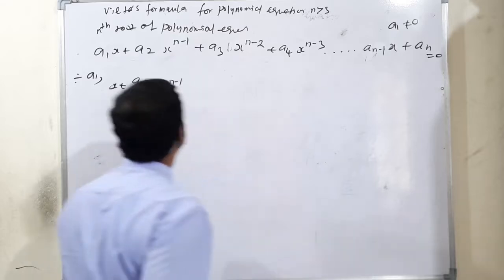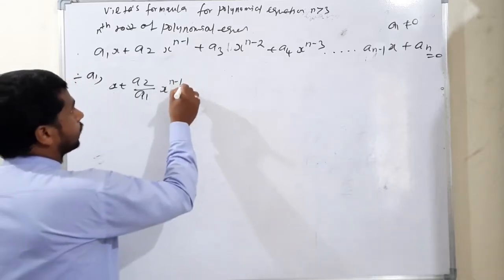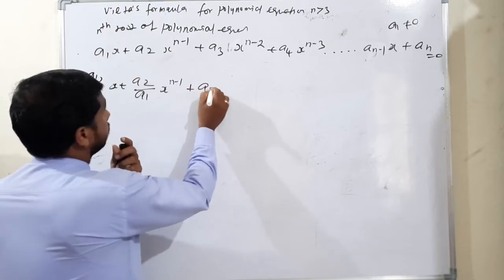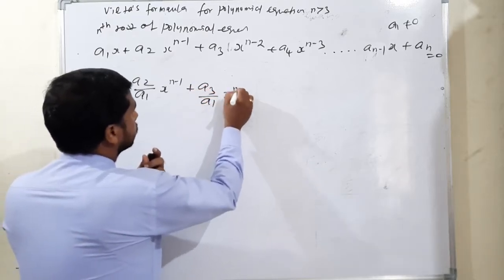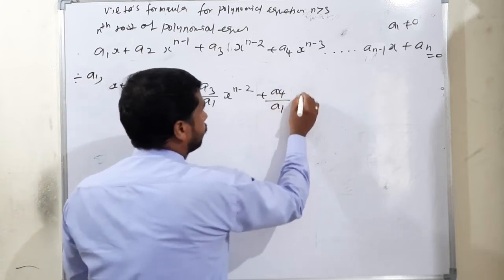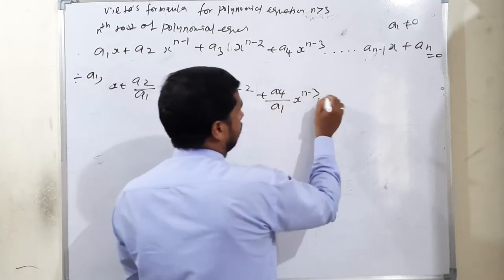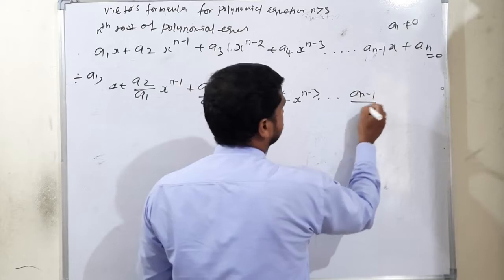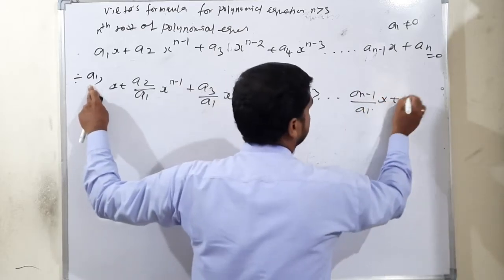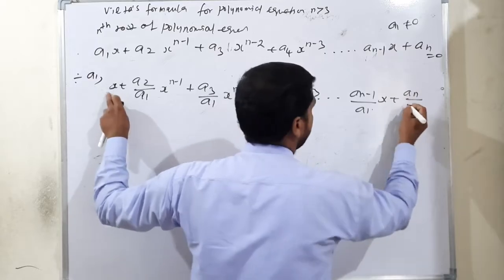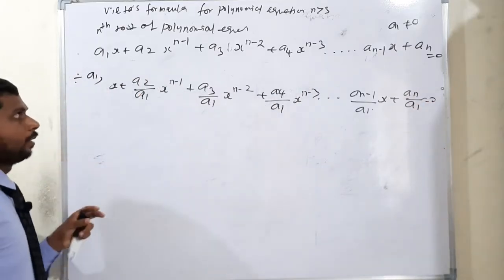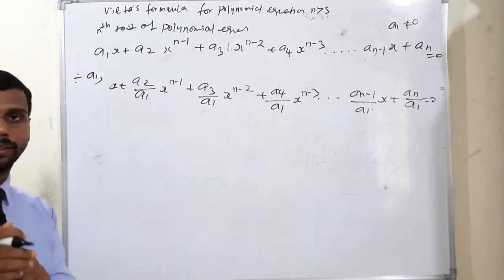Okay, so x to the power n minus 1, then plus a3 by a1 into x to the power n minus 2, then a4 by a1 into x to the power n minus 3, a n minus 1 divided by a1 into x, the last condition an divided by a1 is equal to 0.